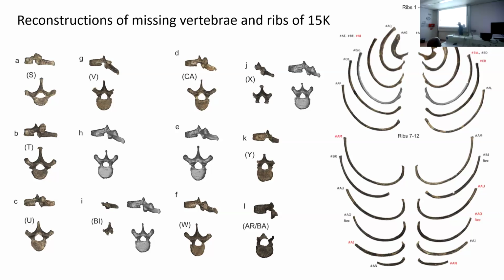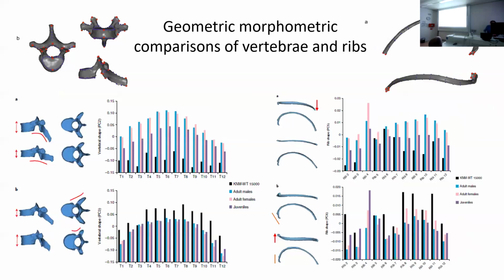And we could use these methods not only for reconstructing missing serial elements of the spine, but also of the ribs. And so at the end, we came up with a complete set of ribs and vertebrae of the thorax that could be compared in a comparative ontogenetic setting.